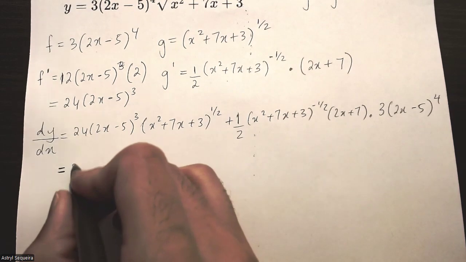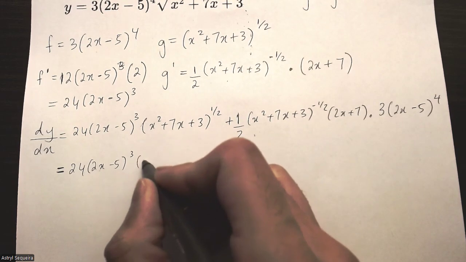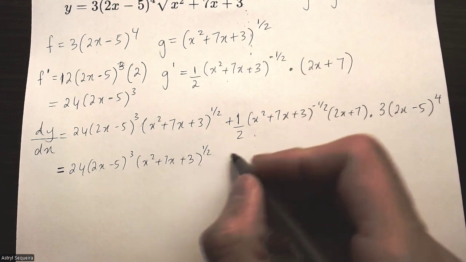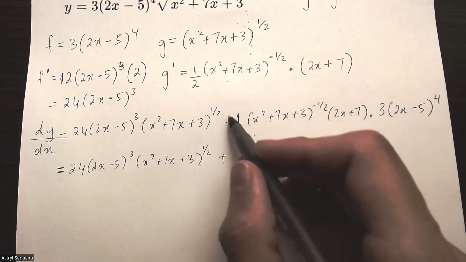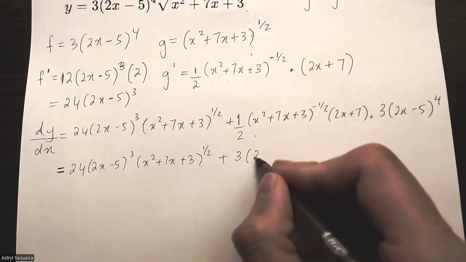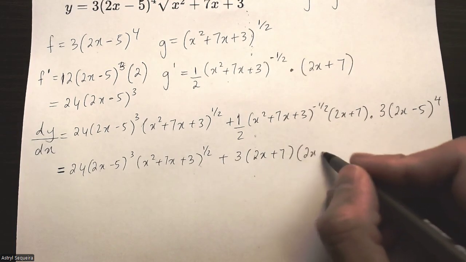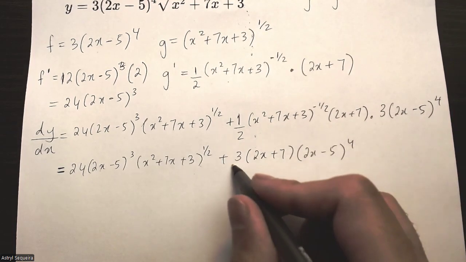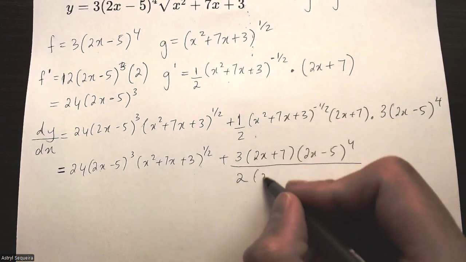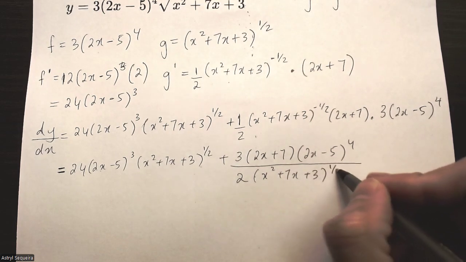Over here, nothing really can simplify, so I'm going to write this the exact same. And over here, 3 times 1 is just 3. This is going to move to the bottom, so I won't even write it. And then 2x plus 7, and then 2x minus 5 to the power of 4. And the bottom now, I have the 2 over here, and I have this term that's moved to the bottom, and I can make my exponent positive.